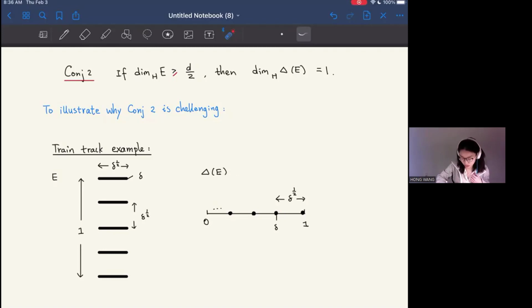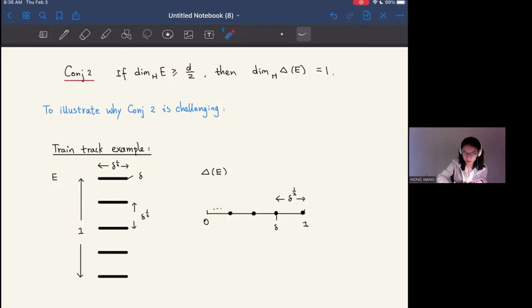So when we look at this distance set, it seems as if we have found a counterexample to this conjecture. In other words, E looks one-dimensional at scale delta, but its distance set looks like, say, half-dimensional at scale delta. But this is not quite a counterexample, as this E is only at scale delta, and to make a real fractal set, we need to let delta go to 0, and this set does not iterate well. That's the reason behind it.